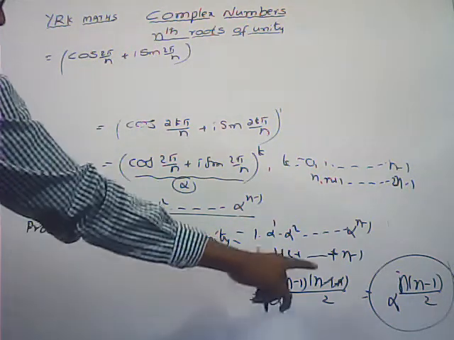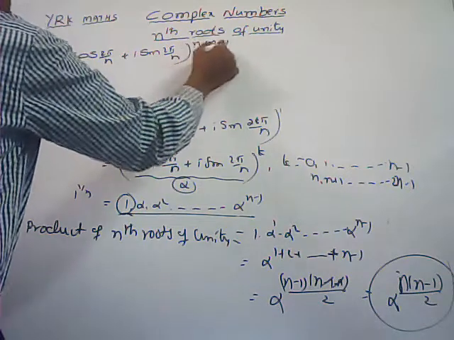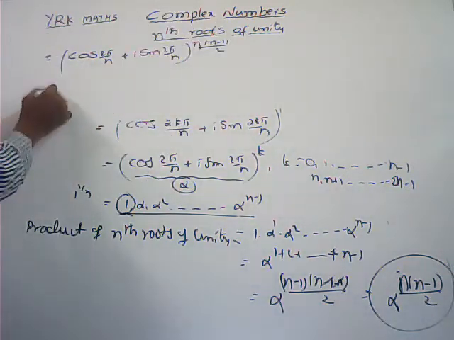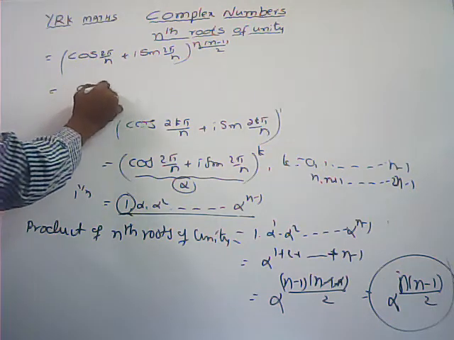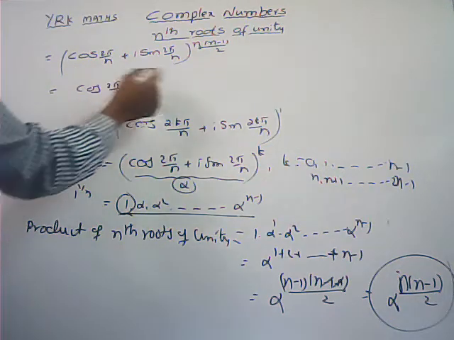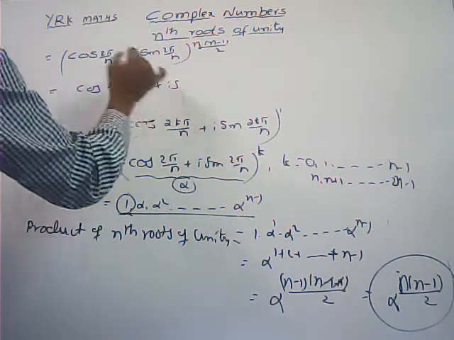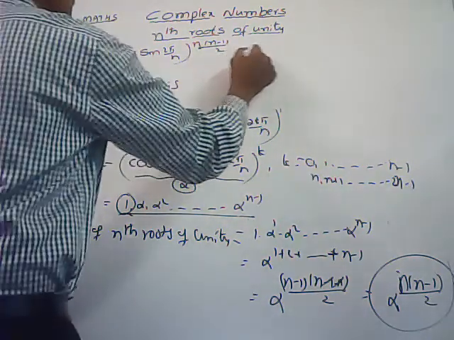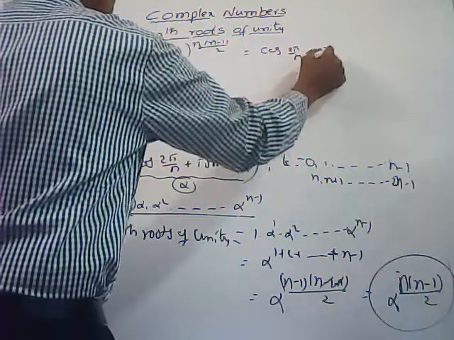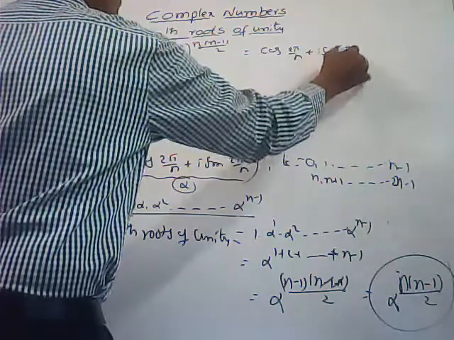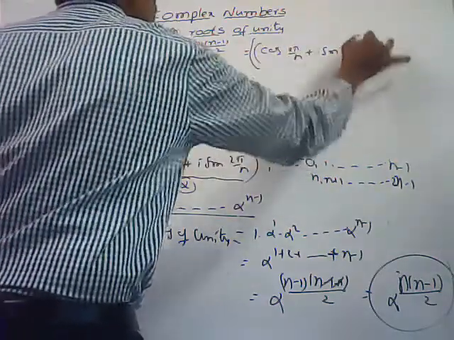Alpha value I have written, whole power n into n minus 1 by 2 is given. That is equal to cos 2 pi by n plus i sin 2 pi by n whole power n by 2 whole power n minus 1.